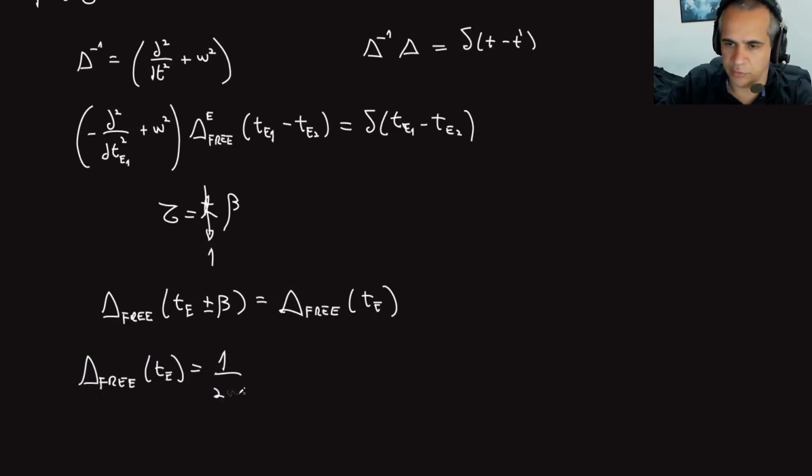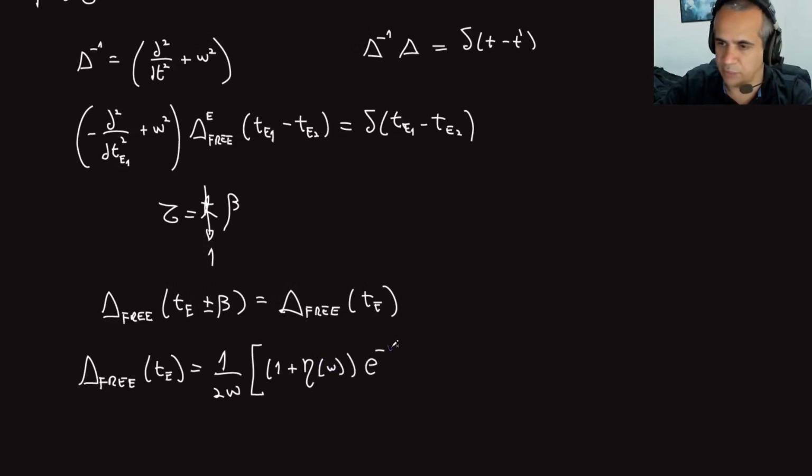1 over 2 omega, 1 plus eta. I'll just tell what eta is in a second. Exponential of minus omega t Euclidean plus eta of omega exponential of omega t Euclidean.